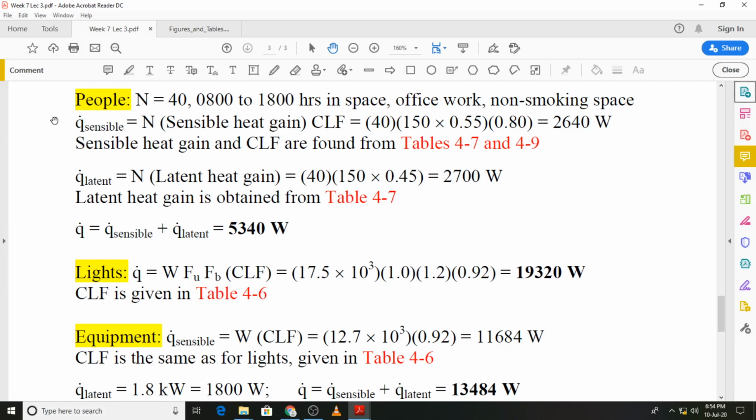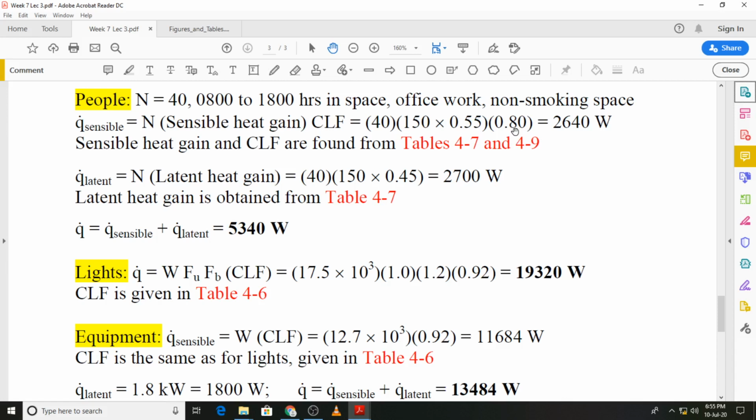That information will also be utilized at some point. What we will need is the sensible heat gain per person, then we multiply it by the total number of persons, and remember, because it's an internal load which is sensible, we also need a cooling load factor, and that cooling load factor you can see has been given as 0.8.